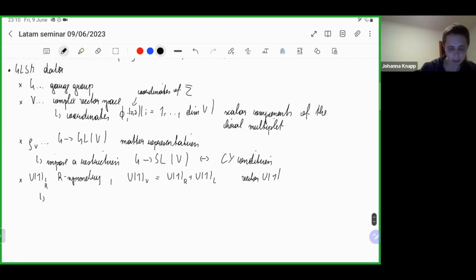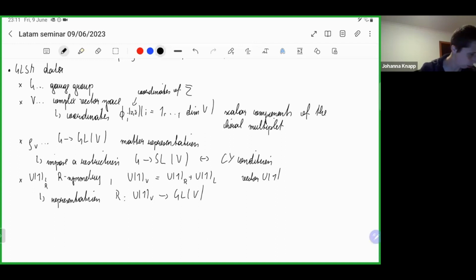All right, and that also comes with the representation. So our fields don't only transform under the gauge symmetry, they also transform under the R symmetry. And that's another piece of data we need to impose. We need to know what the R charges of each field are. So there is a representation, which I will also denote by R, and it's U1V into GLV.